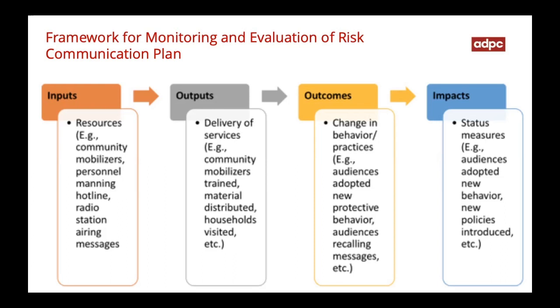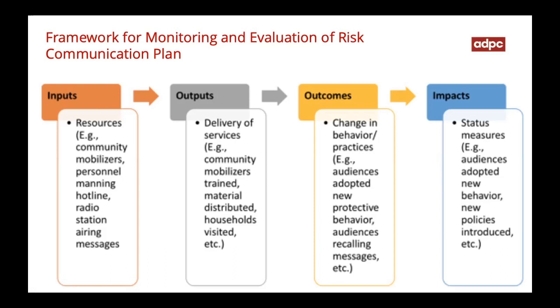Let's say, for example, behavioral change communication. Let's say, for example, training. What do you need to be able to train people? Resource persons, money, curriculum, among others. And if you have those, you can train. And then the output is the number of trainings conducted and the number of participants trained.